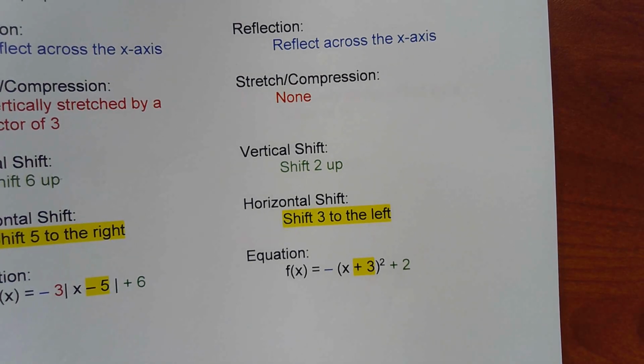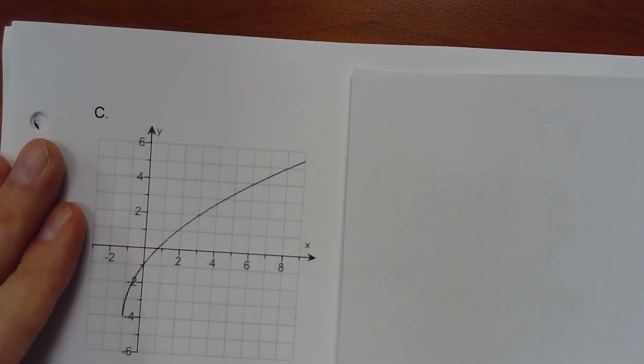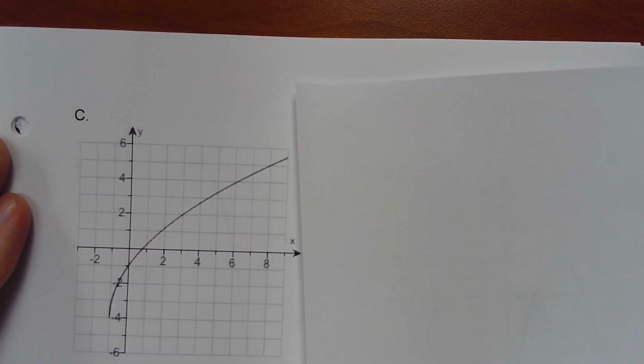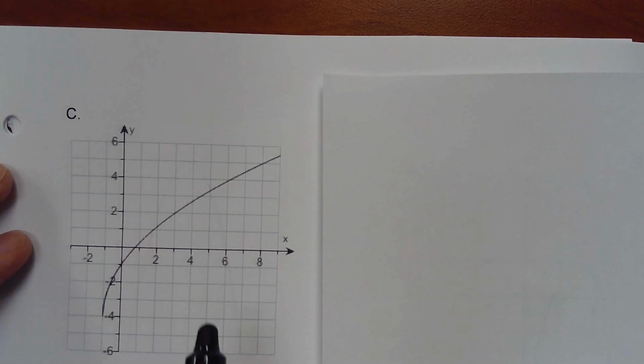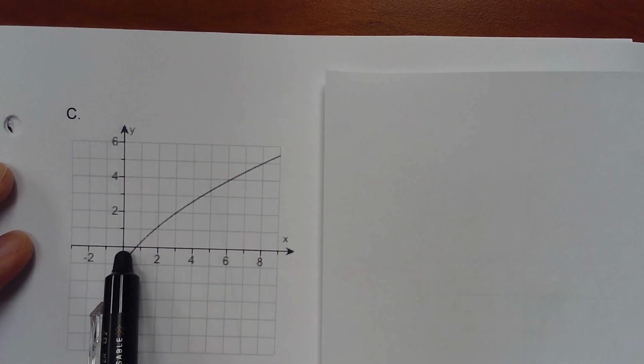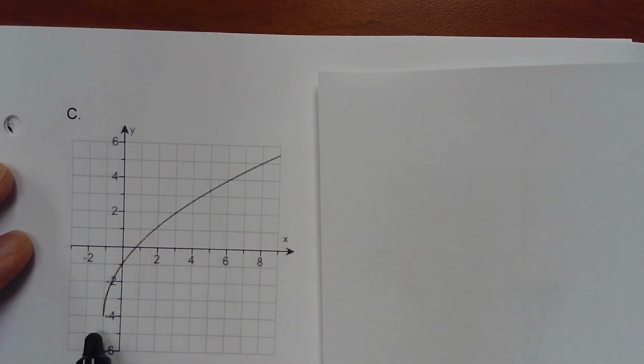All right, let's go to the next example. So my parent function is the square root of x. It's been shifted 1 to the left and down 4.